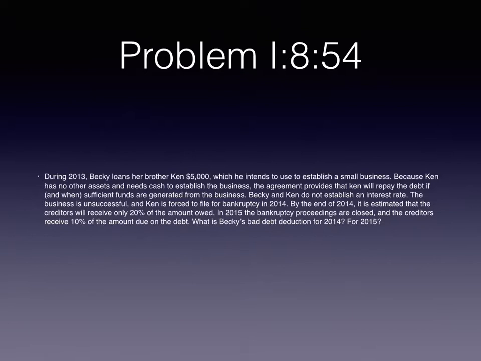In that case, it's pretty much a foregone conclusion that this will be looked at as if no debtor-creditor relationship is established. If that is the case, then we don't really care what the bankruptcy ends up doing for creditors, because Becky would be considered not to be a creditor and the amount that she loaned her brother Ken would just be looked at as a gift.